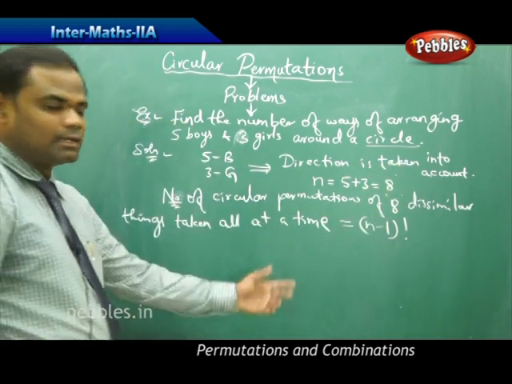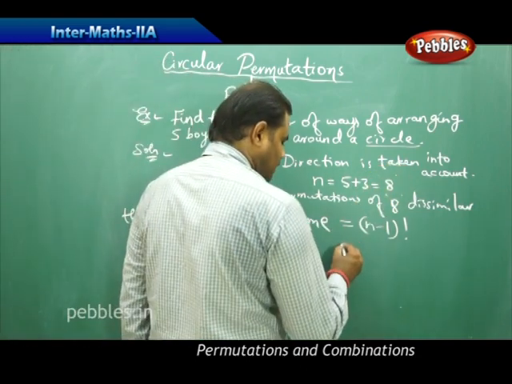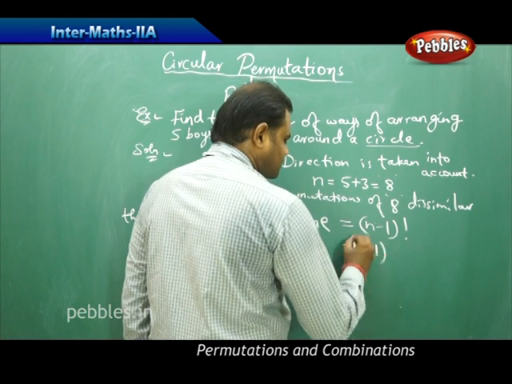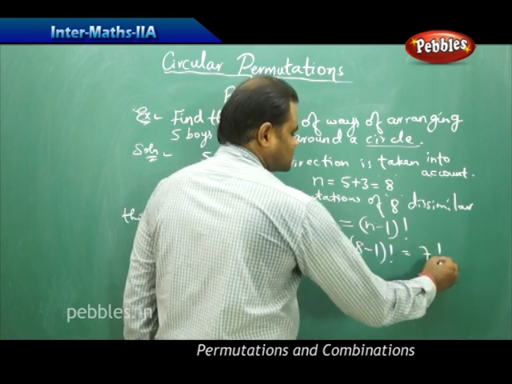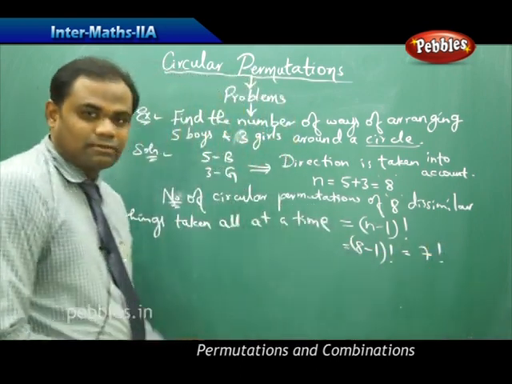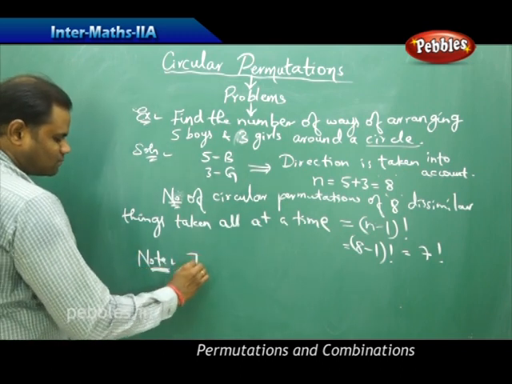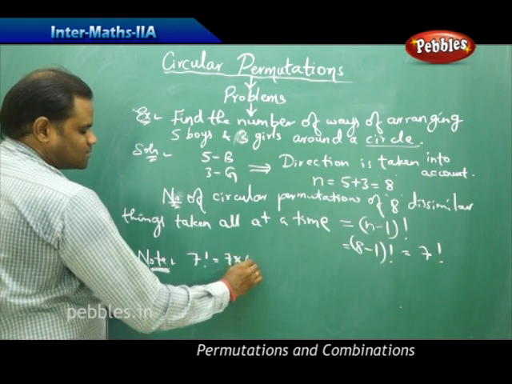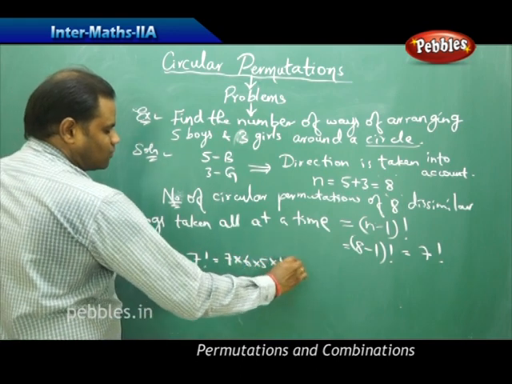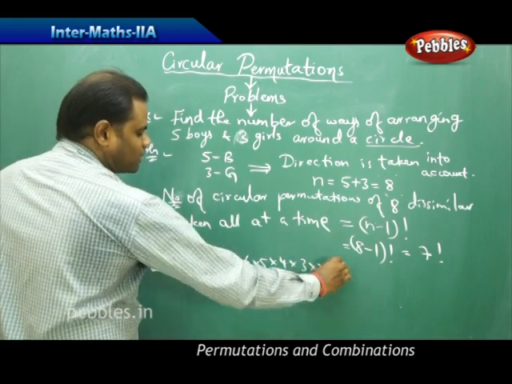Substituting n equal to 8, this equals 7 factorial, which is 7 times 6, 5, 4, 3, 2 and 1.